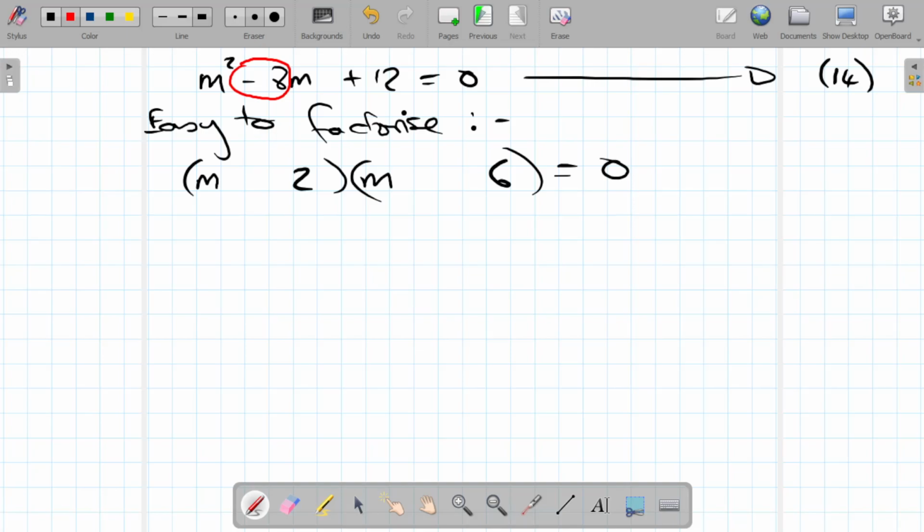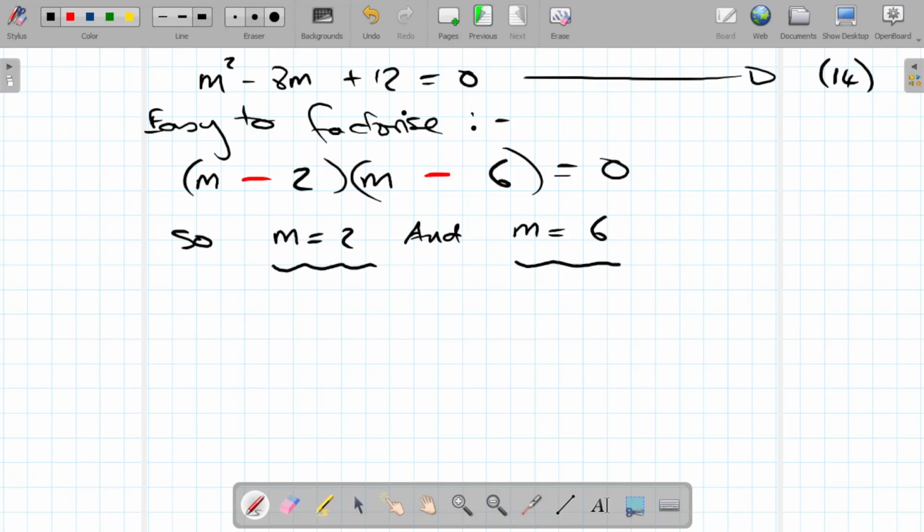So we know we've got to have minus 2 and minus 6 because a minus 2 times a minus 6 gives a plus 12, and minus 2 minus 6 gives a minus 8. So the roots of that equation are m equals 2 and m equals 6.